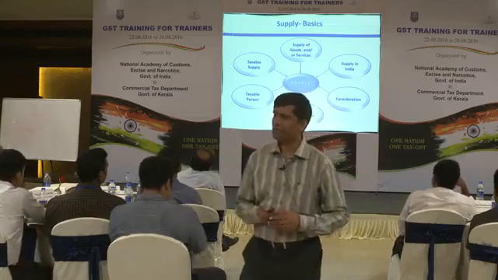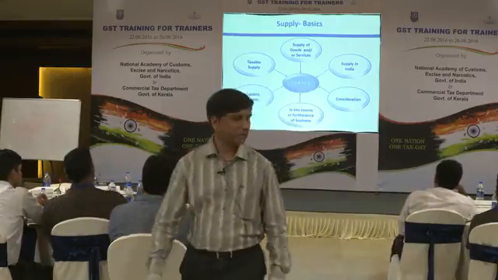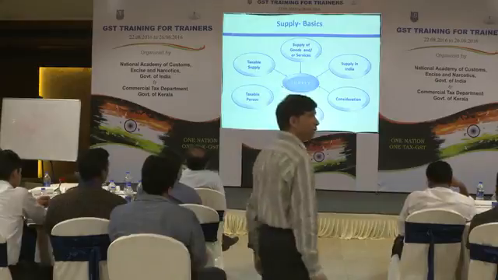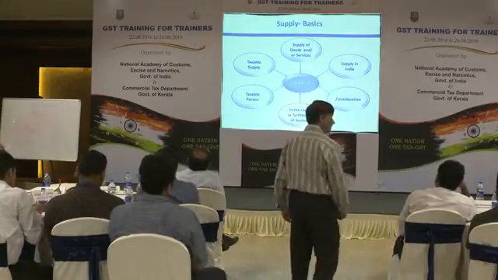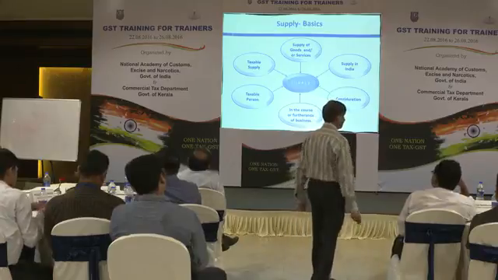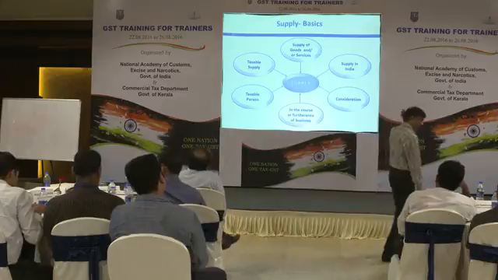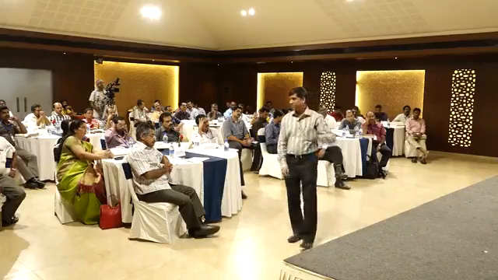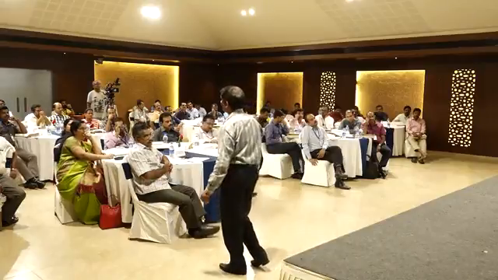The next is a taxable person. Who is a taxable person? A taxable person is a person who is registered or required to be registered. That is how the model GST law defines. Now, taxable person can include every juridical person, natural person, legal entity in the form of a public limited company, private limited company, LLPs, one-person company, association of persons, proprietors, or for that matter, including government.